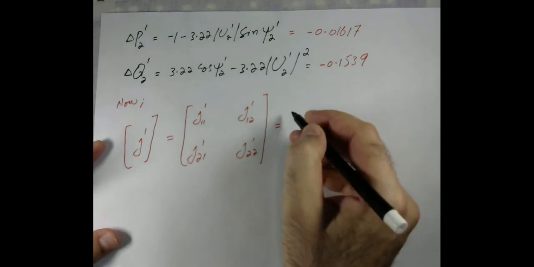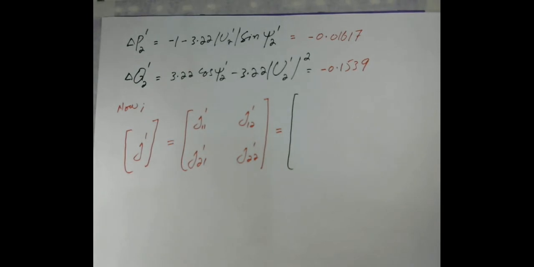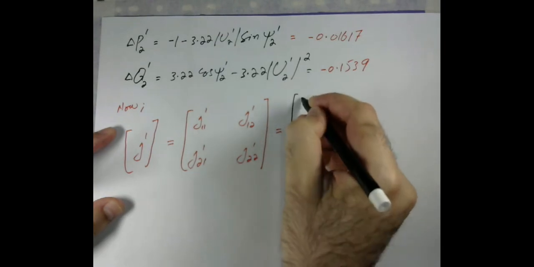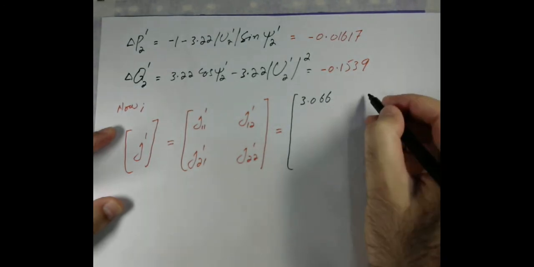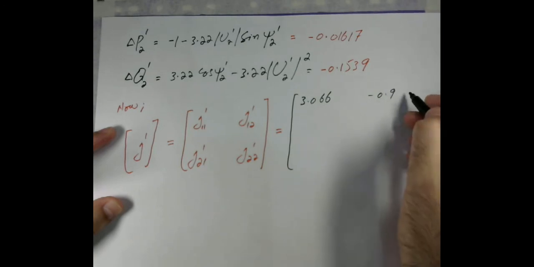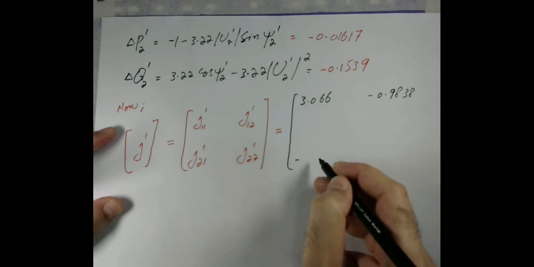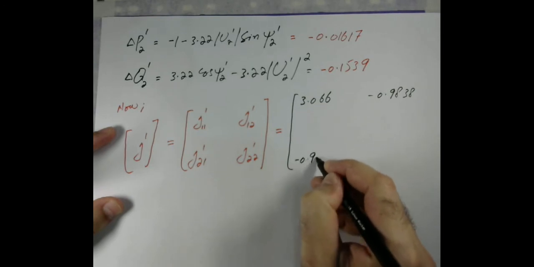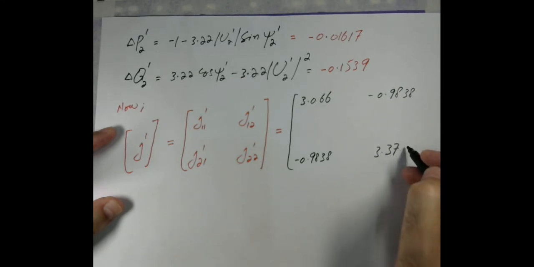This matrix will now have entries equal to 3.066 and minus 0.9838, the same value, minus 0.9838, and this value is equal to 3.3739.